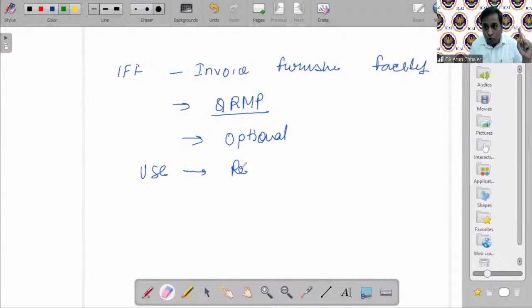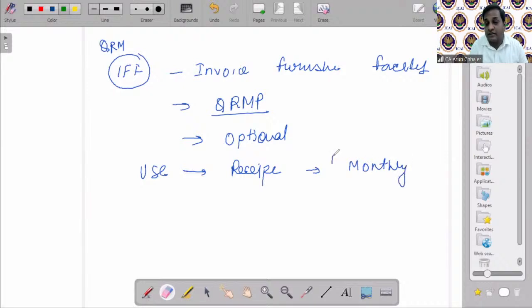To remove this problem, the government has introduced the IFF under QRMP. This will help the recipient take the ITC on a monthly basis, because the transaction will appear in the recipient's 2A and 2B when the supplier files the IFF.